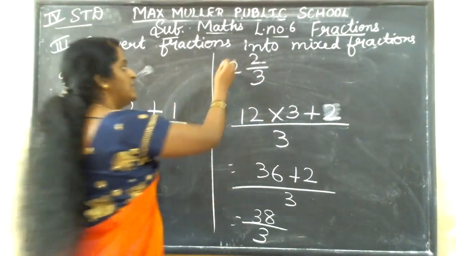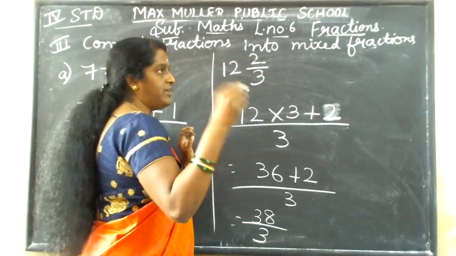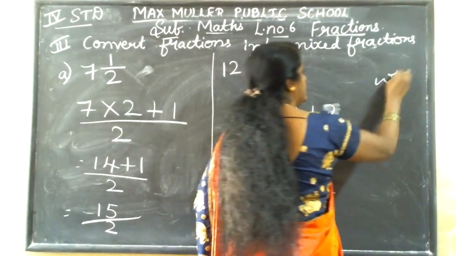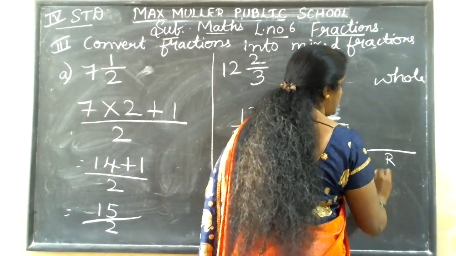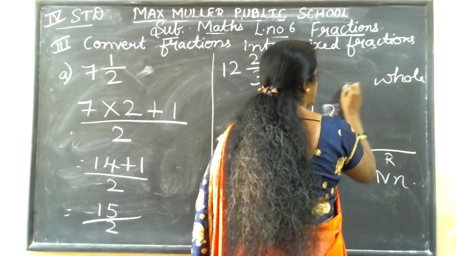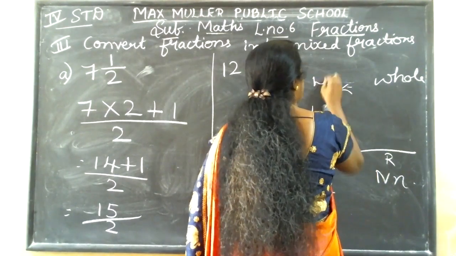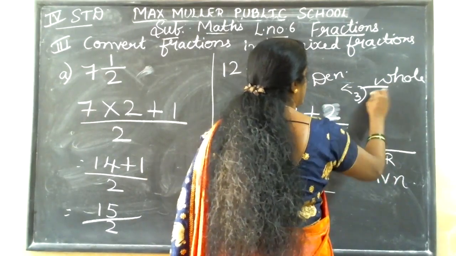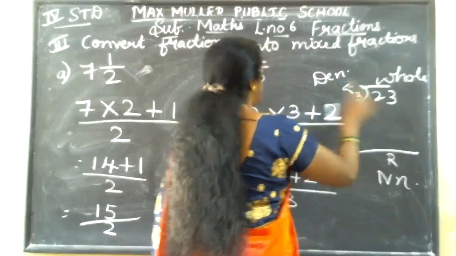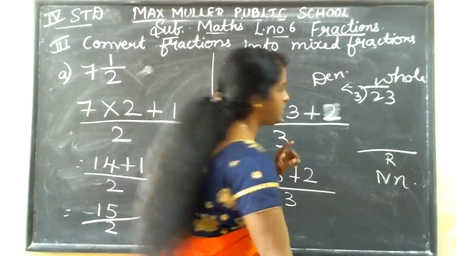In division, see, I have written the whole number here. Now in the remainder place, I have written the new numerator. In the divisor, I have written the denominator. So for example, if I write like this, I'll show you this only.